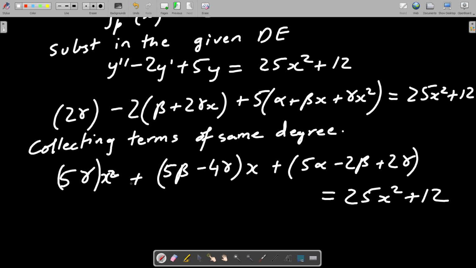So now what you will do next is compare the coefficients on both sides. Where there is x square here, you compare it with x square over here. Where there is x over there, you compare it with x over here.